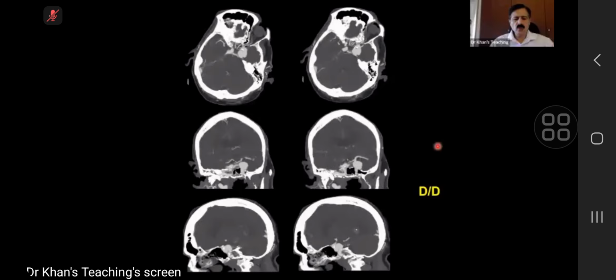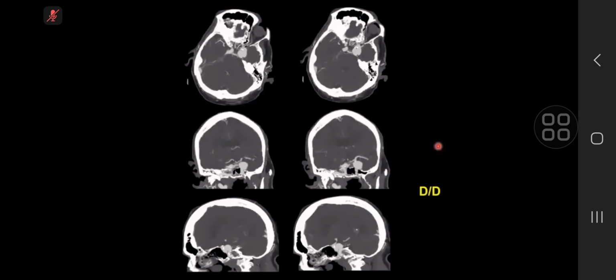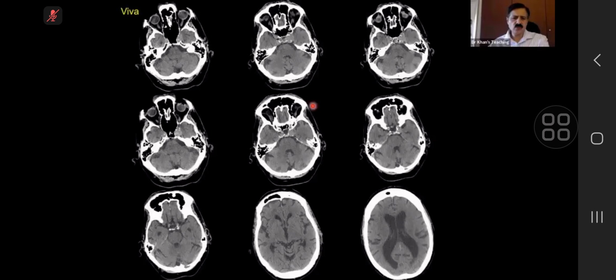So means it is arising from? I think it's arising from the ICA. Which portion of ICA? The cavernous portion. Excellent. So if you see here, now, this is what will happen.